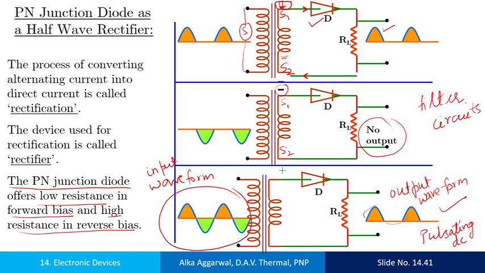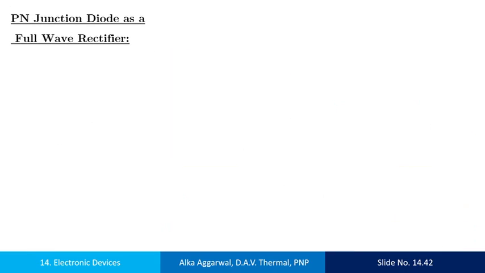Moreover, output is not continuous, so there is a lot of wastage of energy. So, full wave rectifier is used. The full wave rectifier converts the full wave into the DC.